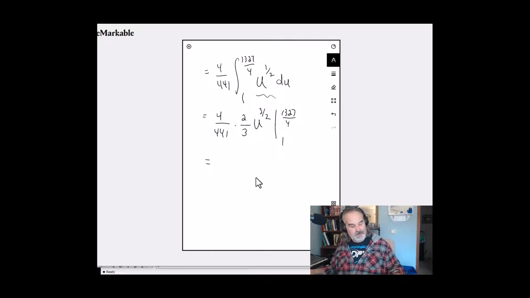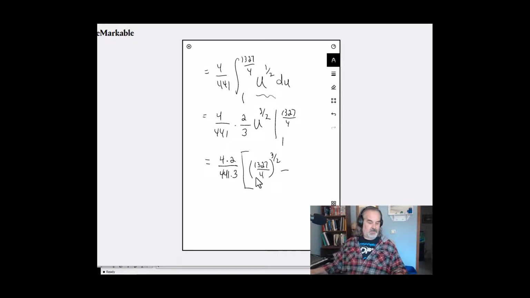And altogether, let's see, 4 times 2 over 441 times 3. There's no cancellation that's going to happen there. And then here we'll have 1327 over 4 to the 3/2 minus 1 to the 3/2.